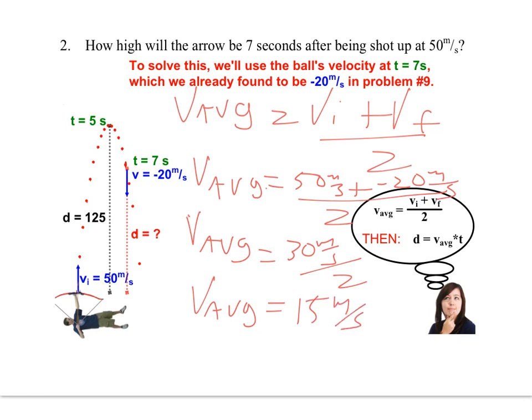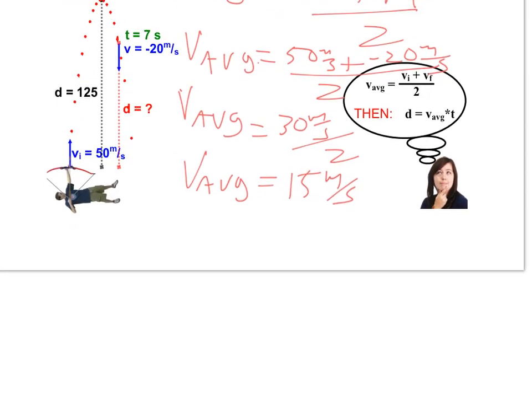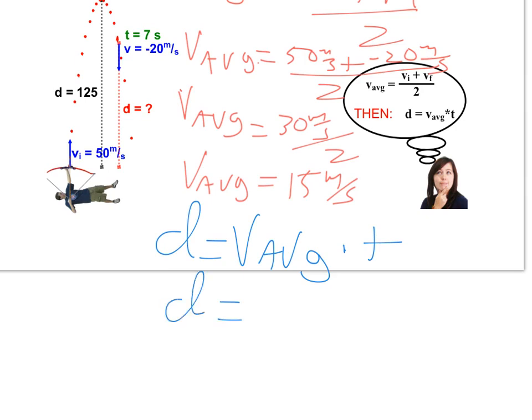Now that I have this average velocity, I'm going to apply that. Displacement is equal to average velocity times the time. D is equal to 15 meters per second times a time of 7 seconds.